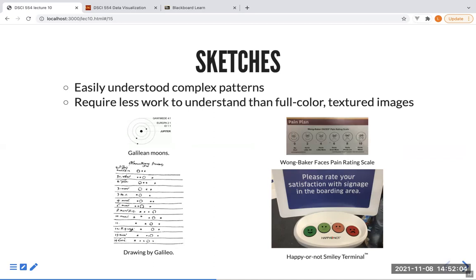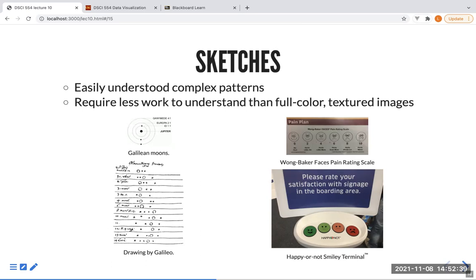This one is a drawing by Galileo of Jupiter's moons, and you see the sketches have been around for quite some time now, obviously, but you see the way this one is presented, it's really in the form of a table with both the Jupiter and the moons that are sketched out by symbols, right?